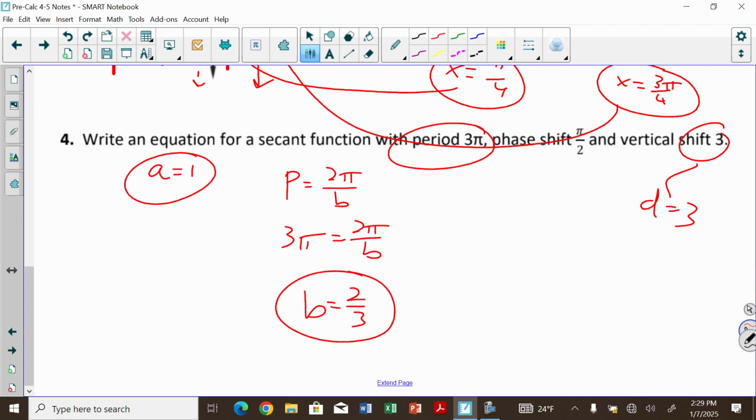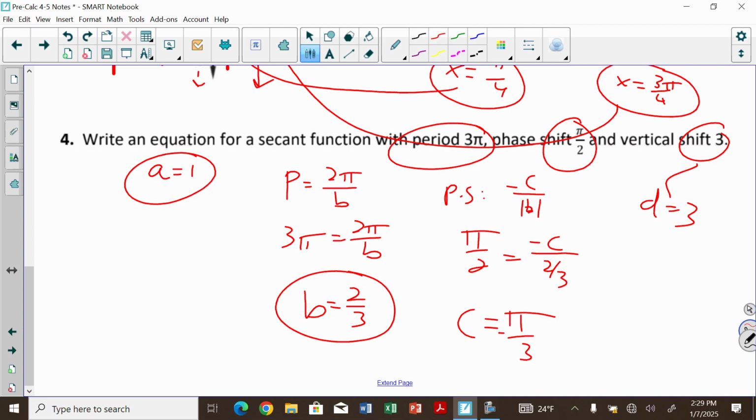And then over here for my phase shift, remember, to find the phase shift, it's negative C over the absolute value of B. But they give me the phase shift as pi over 2. So basically pi over 2 equals negative C over my B value, which I just found right here, is 2/3. And then, doing the solving here, I'll let you guys solve that, but you end up getting negative pi over 3.